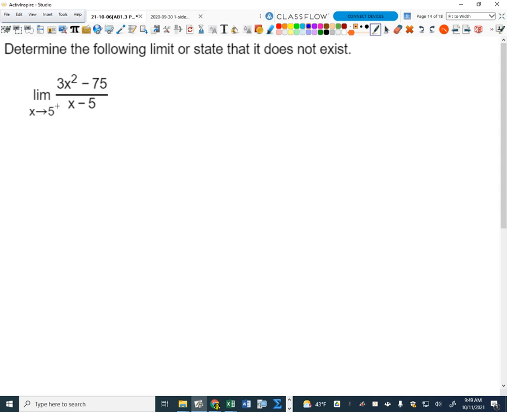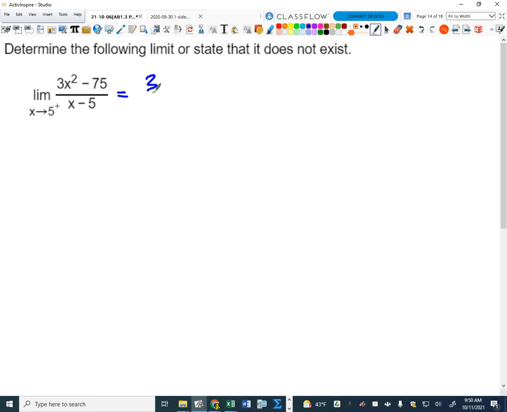Okay, what about this one? Just quick review. That is one where I'd get 0 over 0, isn't it? Right? Okay, so what are we going to do? Okay, factor 3 out of the top. Good.